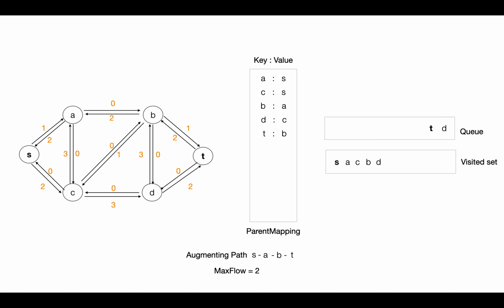So we go over this augmenting path, and for all the forward edges, we subtract the current flow from the residual capacity, and for all the backward edges, we add the current flow to the shrinking capacity. And that's how we get all the updated edge values, and then we repeat this complete process until there is no augmenting path present in this network.